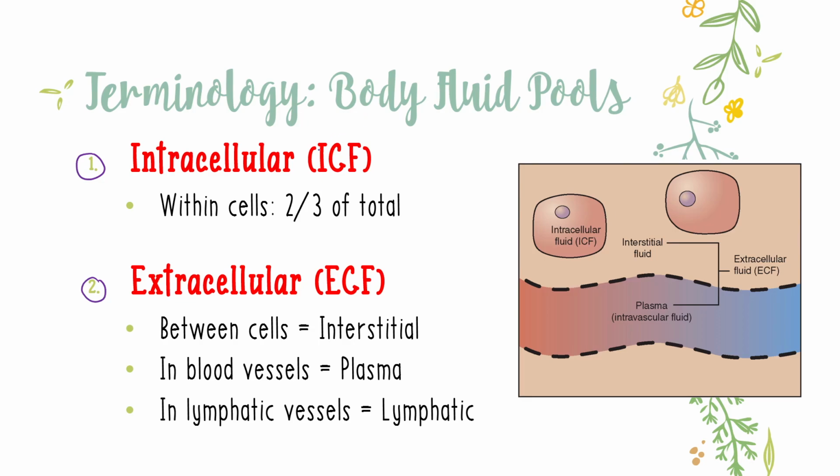Looking at the image on your right, intracellular refers to the fluid inside your cell. This is your intracellular fluid, and it comprises around 2/3 of the total body fluid that we have. The rest, 1/3, is your extracellular fluid, and it can be divided into 3.